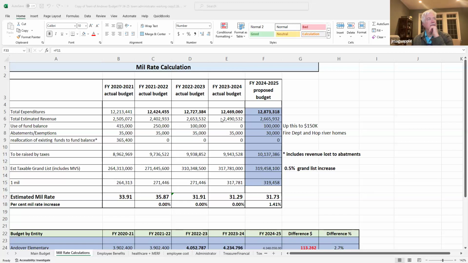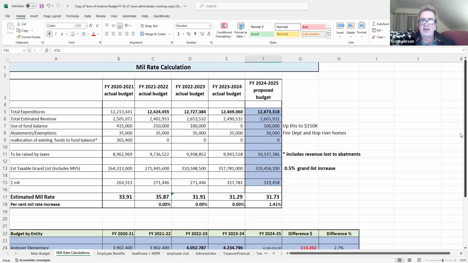Okay, so I'll make a motion that we send the town budget to the Board of Finance in a total of $4,351,970. Anybody want to second that so we can get going?